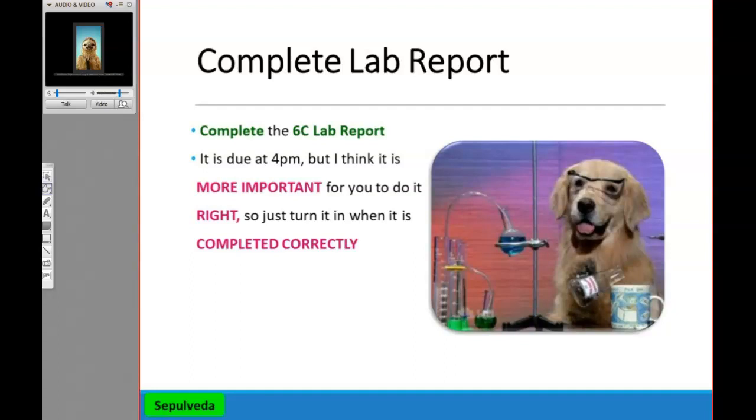We don't want you rushing. That's our biggest pet peeve, when it's half done because you just rushed through it. So please don't do that. Get it done correctly. It's okay if you're late, but we just give you a time frame to give you some guidelines. So get it done, get it in, and get it correct.